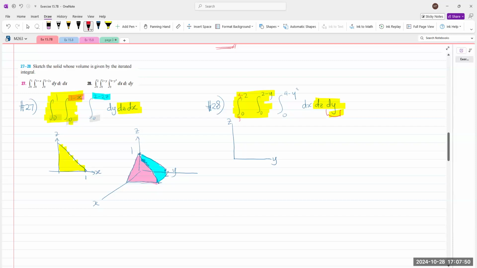And then the z will be from 0 to 2 minus y. So this is, quote-unquote, the two-dimensional domain of integration for the outer two integrals.